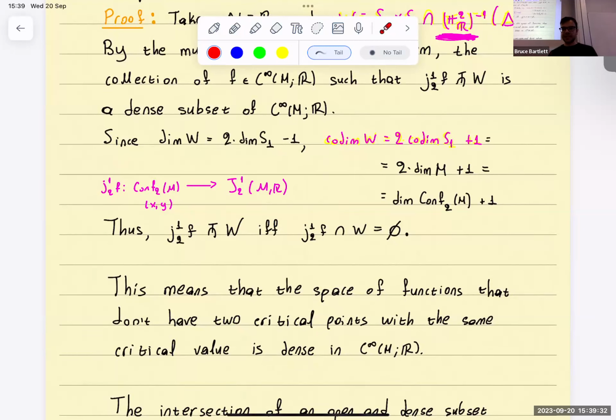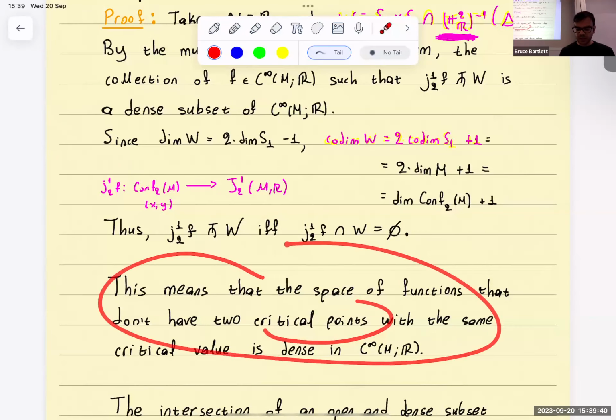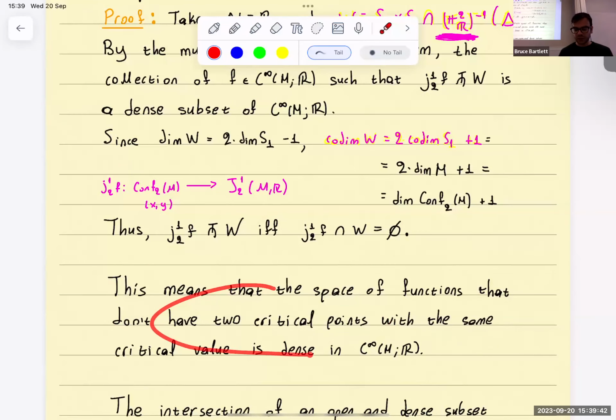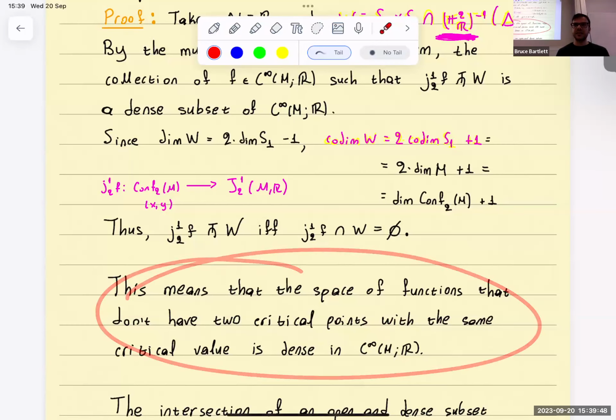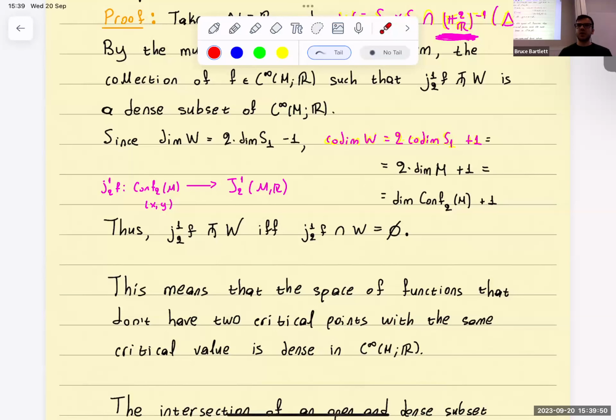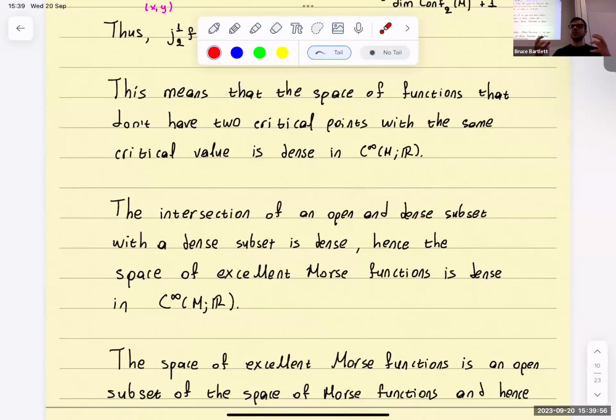I didn't tell you anything about the quality of those critical points. This is a statement where I never said anything about those critical points being non-degenerate. So I actually have to intersect this space with the space of Morse functions, and then the intersection of the two will be the space of excellent Morse functions.